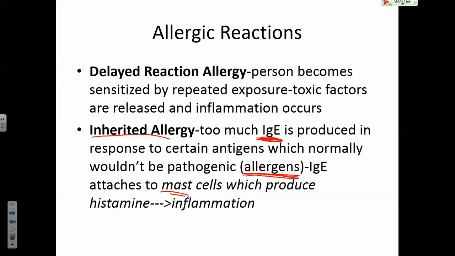Okay, so if it's to pollen grains, it causes inflammation of the respiratory tract. If it's a food allergy, it could cause inflammation in the digestive tract, like celiac disease. And sometimes it's systemic inflammation, like some people who have shellfish reactions.